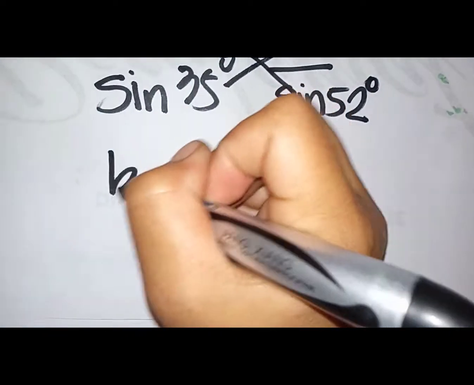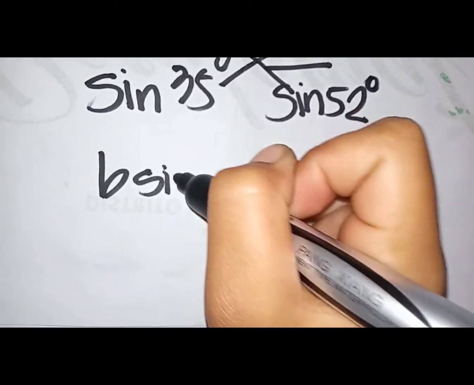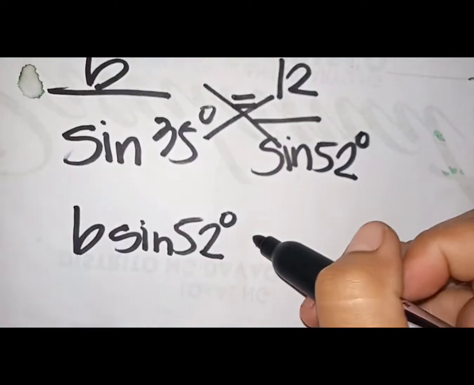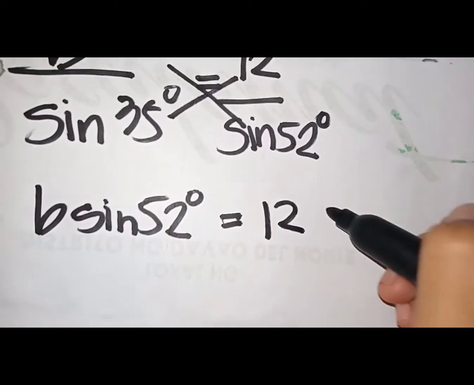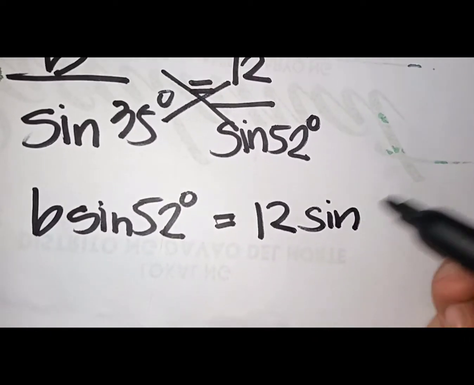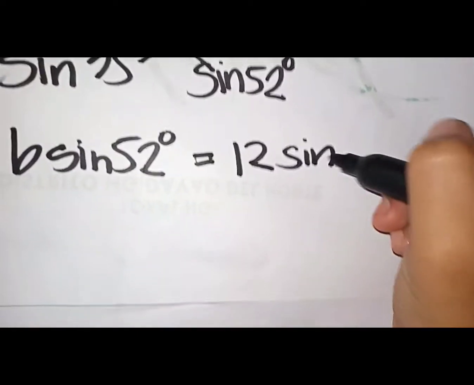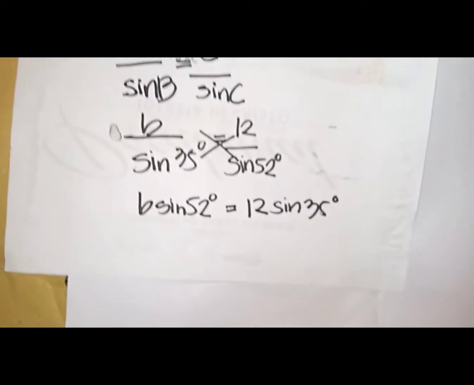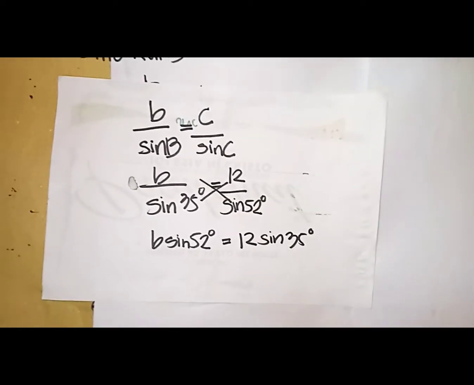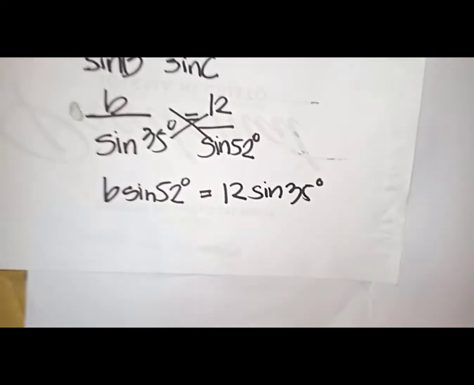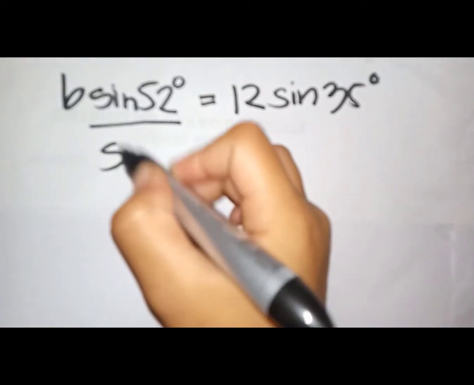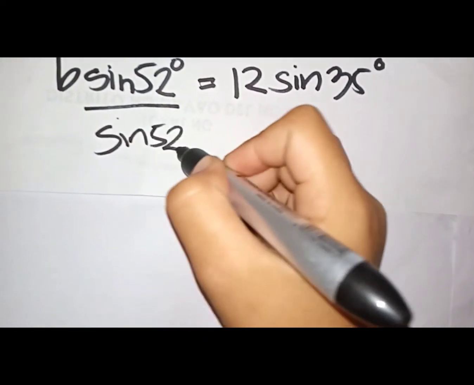Then B sine 52 degrees is equal to 12 sine 35 degrees. Divide both sides by sine 52 degrees.